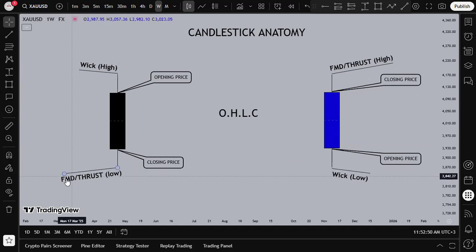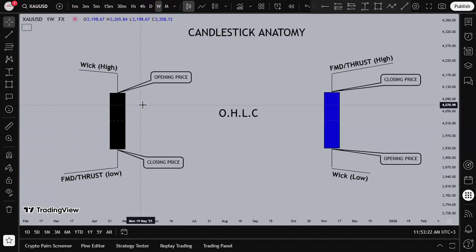So sometimes we call it the furthermost deviation, or FMD, or we call it thrust, or sometimes we call it a low. Okay. Now, the opening and the closing price, this is the point where all the participants in the market agreed on that price.